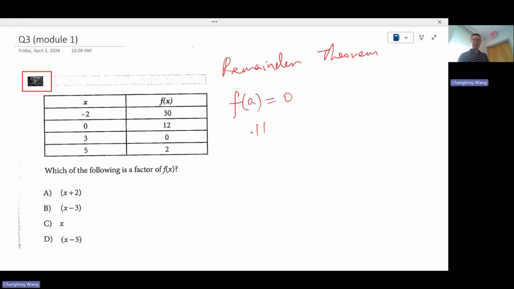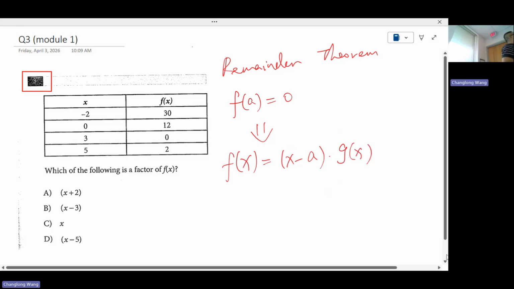So you can conclude that you could extract a binomial factor in the form x minus a, the same a that you see over there, from the function f of x. So it could be written as x minus a as a factor times something else, that's a g of x. But we're not concerned with the g of x. All we care about is whether we can find such an a, so we can extract that factor.